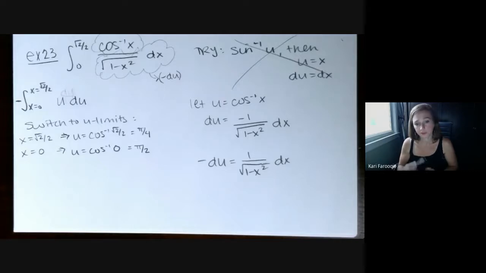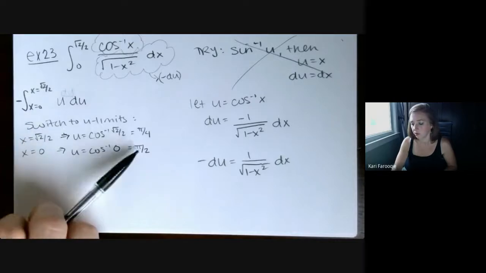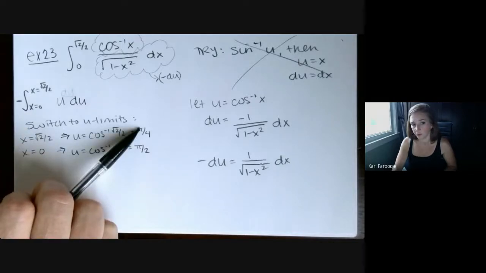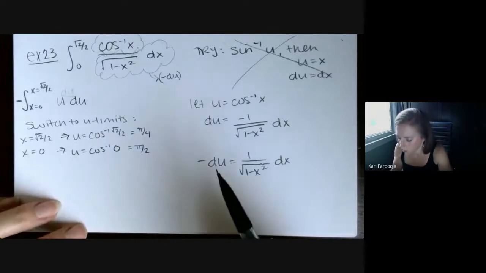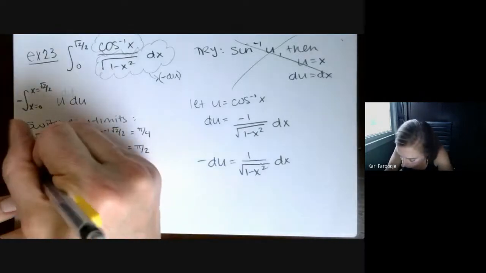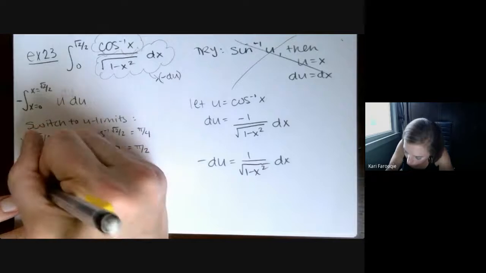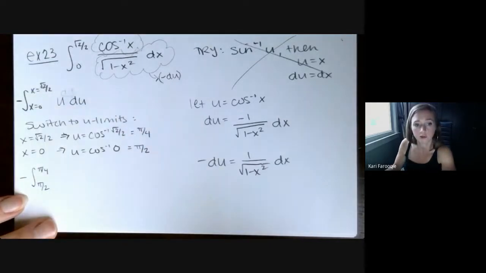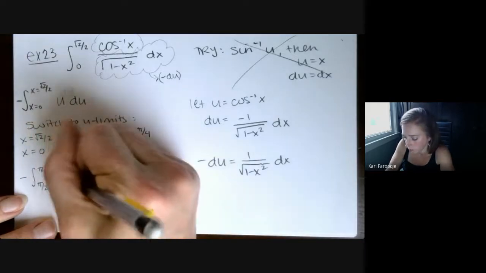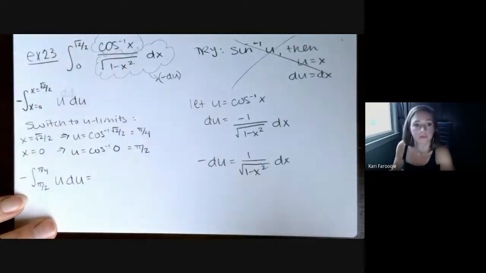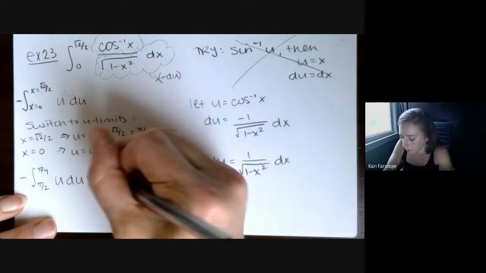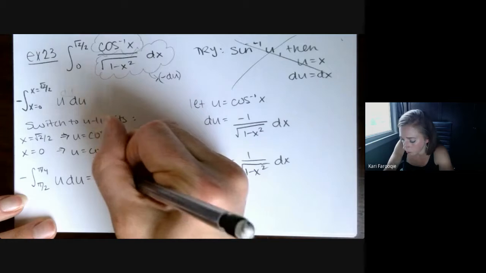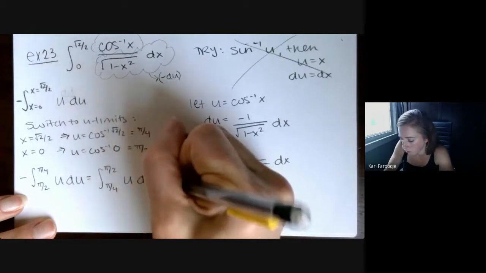Now notice, like I said, instead of going from least to greatest, you're going from greatest to least. So I'm going to switch those when I put them in the integral. I'm going to rewrite it the way it is for now, and then I'm going to show the switch. So we'll have the negative integral from pi over 2 to pi over 4 of u du. And then we'll switch this out to be the positive integral from pi over 4 to pi over 2 of u du.